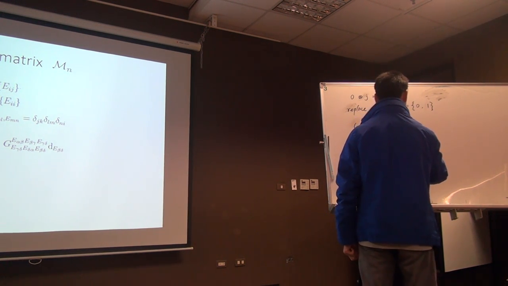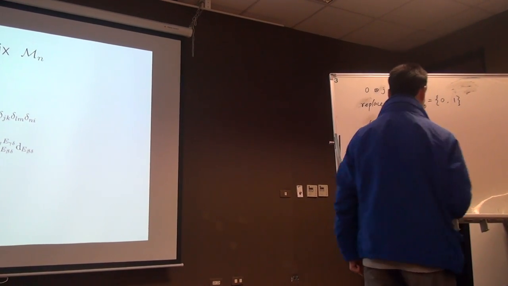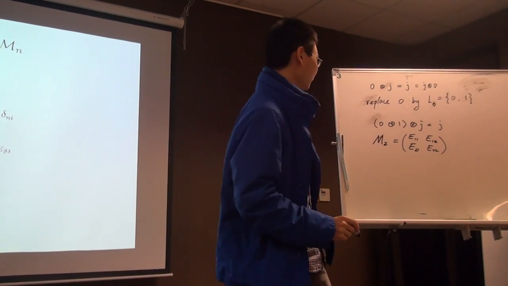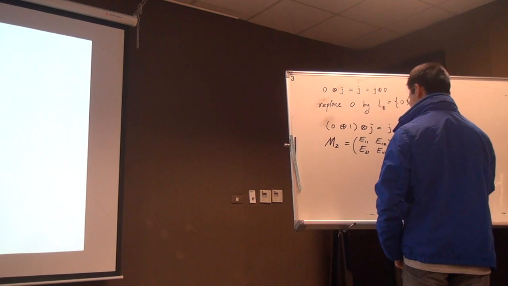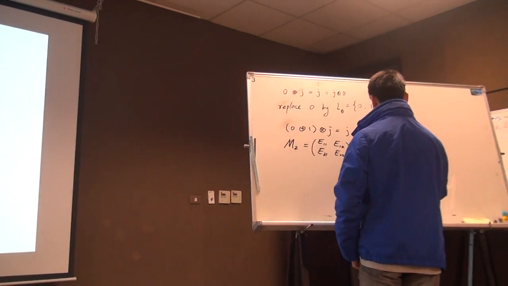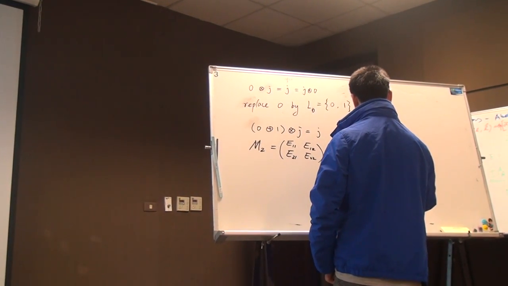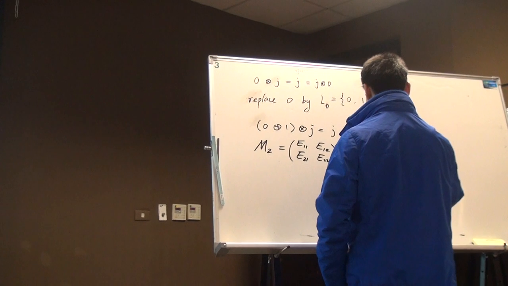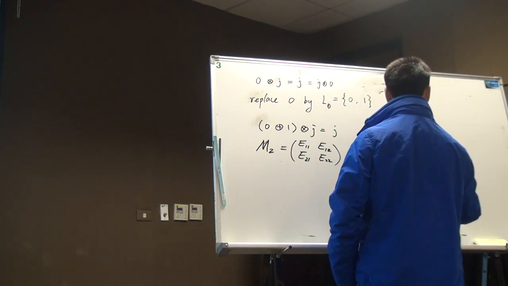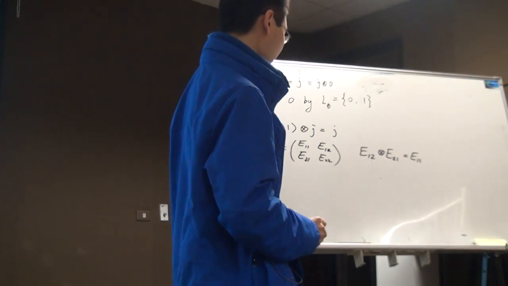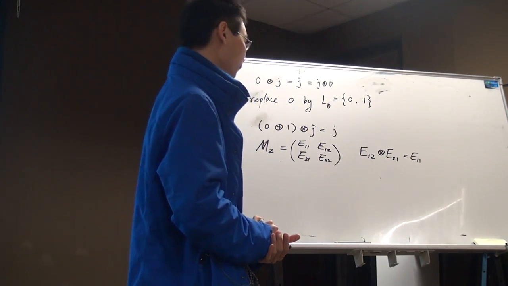For N2, you have 4 objects, and matrix multiplication gives the fusion rule. So this is one example of the fusion rule.